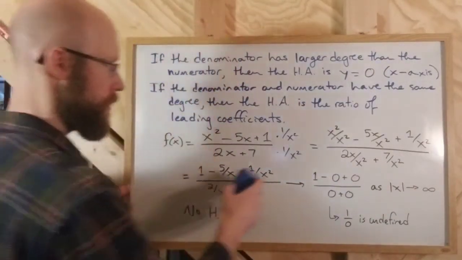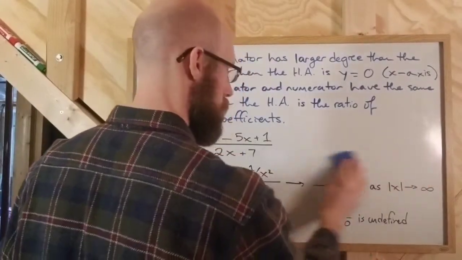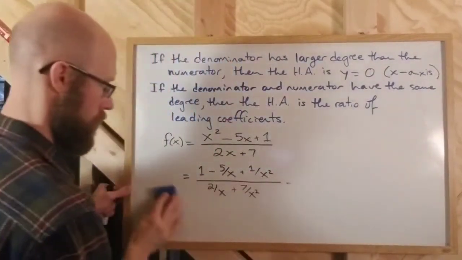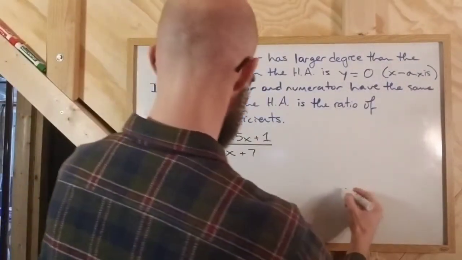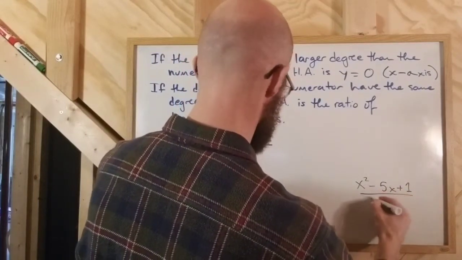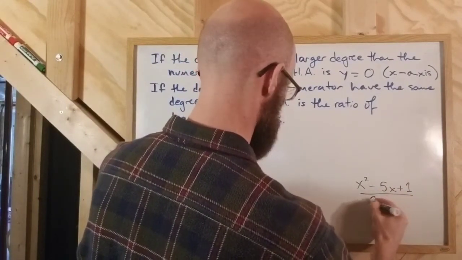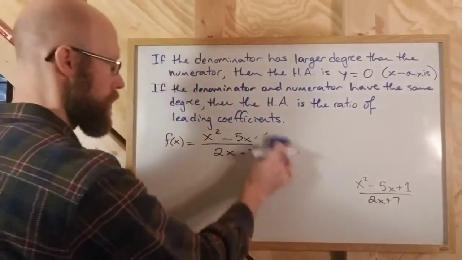Although I'm going to keep that function because I'm going to come back and use it. That was x squared minus 5x plus 1 over 2x plus 7. We'll come back to that.